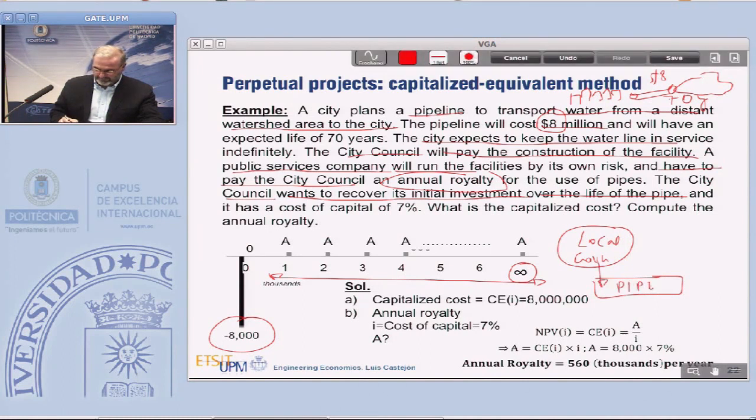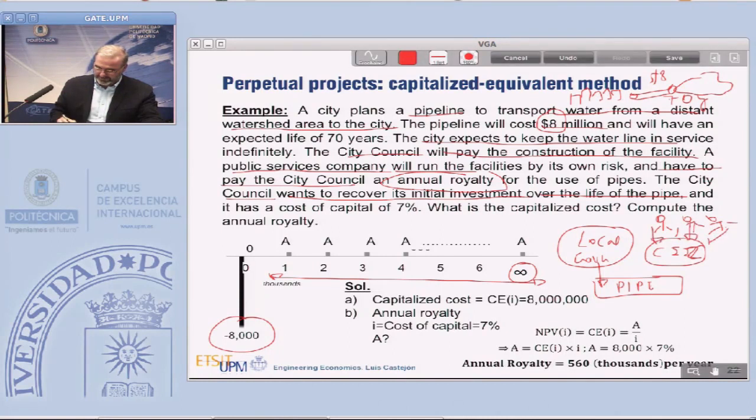They pay for the initial construction, but one company runs it, for example, in Madrid, the Canal de Isabel II, and then we have the citizens paying for their water.